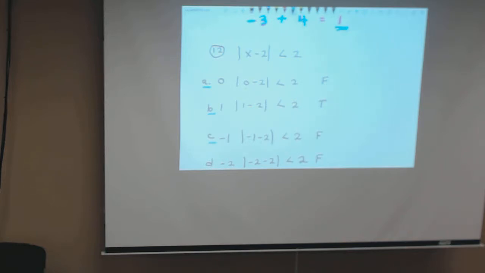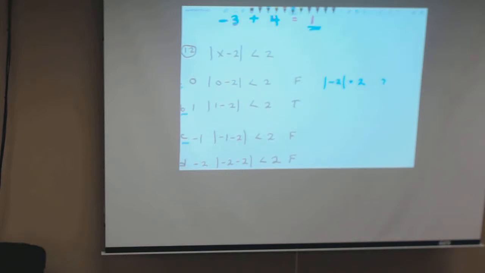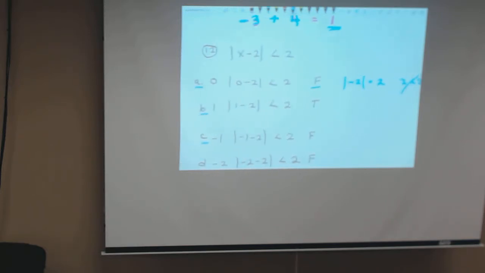And what's 0 minus 2? Negative 2. What's the absolute value of negative 2? 2. Is 2 less than 2? No. 2 is not less than 2. So that's false. You see what's going on?